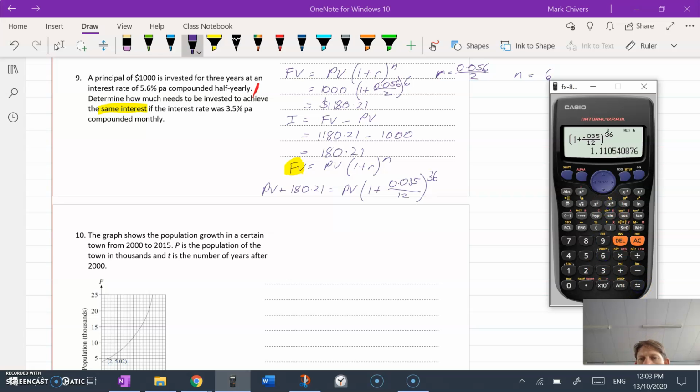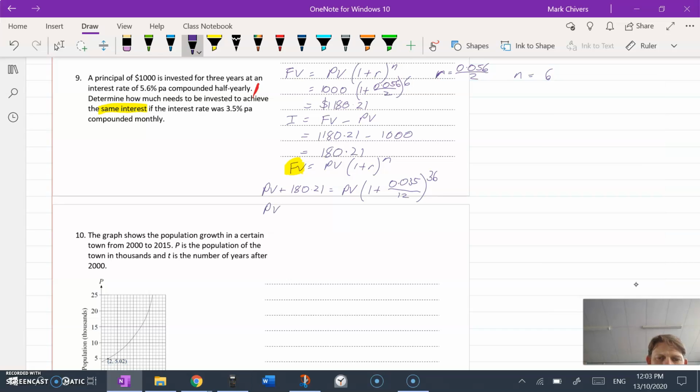And we find that that's 1.110 something. So I'm actually going to end up with the present value plus 180.21 equals 1.11 lots of the present value on this side.